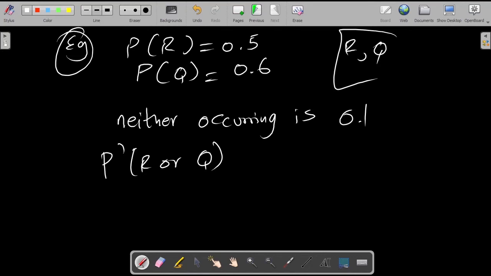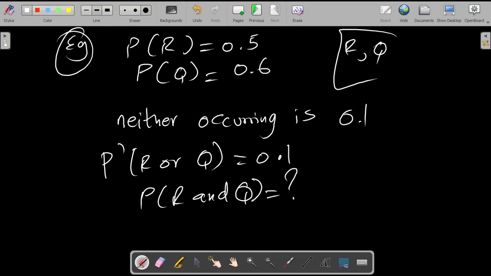They're giving the probability of not R or Q as 0.1. But then what is the question asking for? The question then asks for the probability of R and Q occurring at the same time.